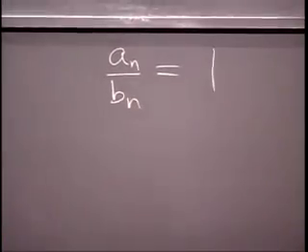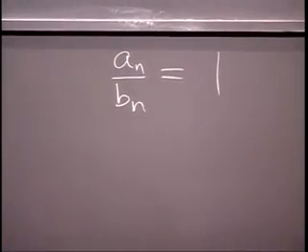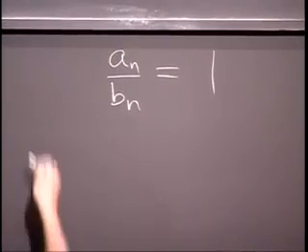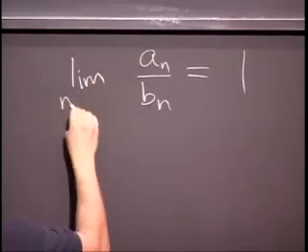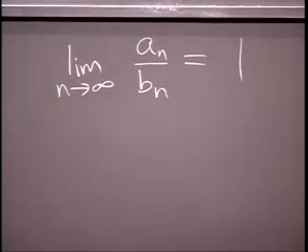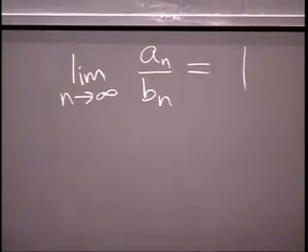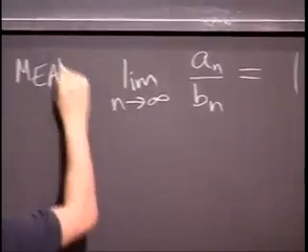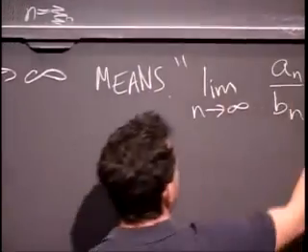But that's a little bit too much to expect. After all, they don't have to be equal. They have to be almost equal, in a way. So it's this. The limit of the ratio is 1. So this means, I'll put them in quotes.